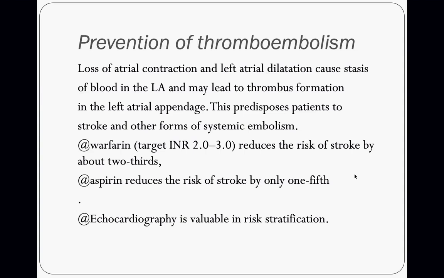So, if the patient has high risk of thromboembolism, we should administer anticoagulant in the form of warfarin with target INR 2 to 3 to reduce the risk of stroke by two-thirds. Also, aspirin has been used to reduce the risk of stroke by only one-fifth.